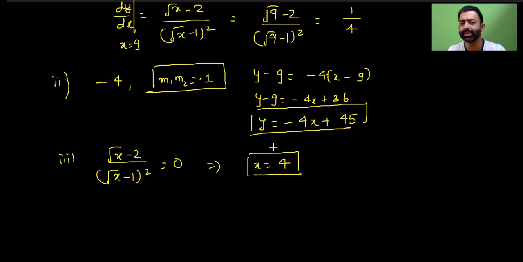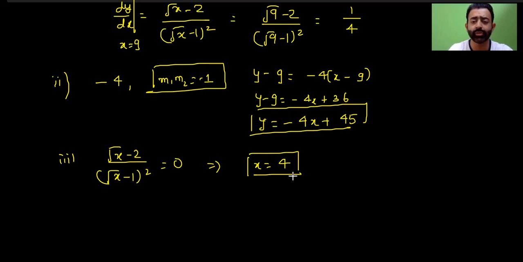Okay, minima point means the x coordinate of the minima point. If it is asking for the point, if it says point, that means you have to find out the value of y also. Otherwise, in some questions, it says find out the x coordinate of the minima point. Here it is just saying point, that means y also we need to find out.